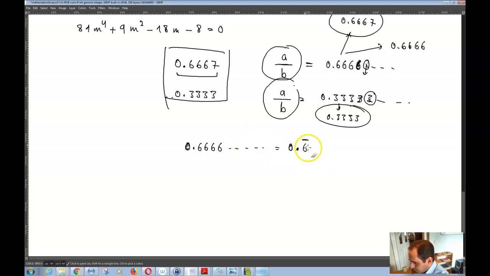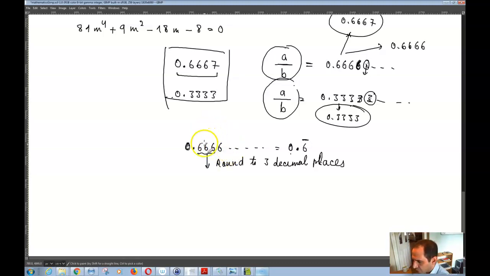When you have this number, you usually want to round it to, for example, 3 decimal places, 4 decimal places, and so on. So if you want to round to 3 decimal places, you write this out, and right after the 3rd decimal place you have the 6, which is greater than 5.